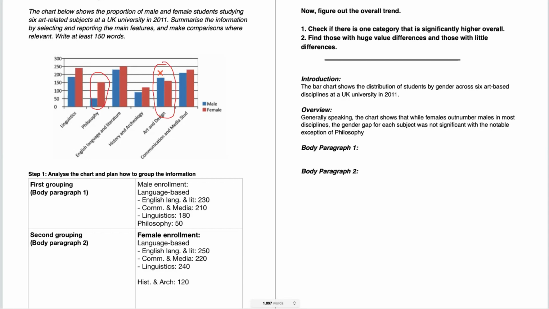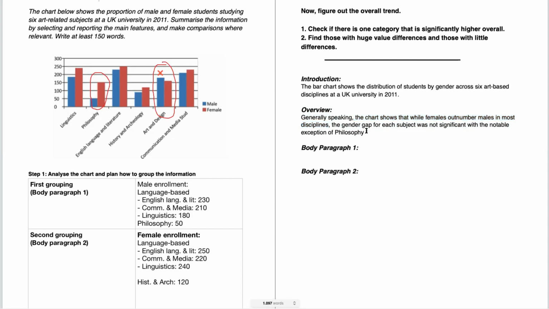Okay, and remember, we were looking at this in the last step. We saw that females outnumbered males for the most part everywhere except for art and design, which I will talk about when we get to males. But we see here the gender gap for each student was not significant, except for this notable difference that we looked at in the overall trend step of philosophy.